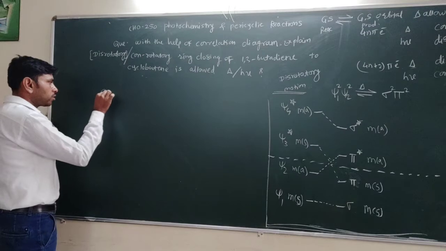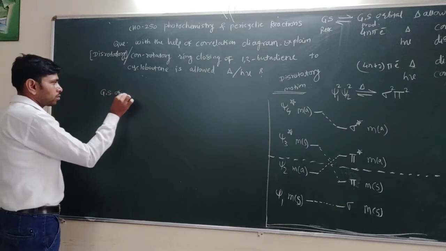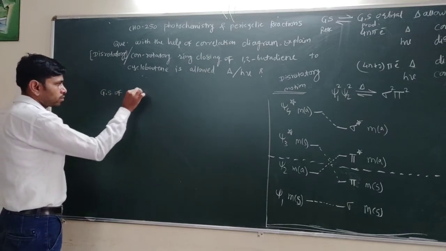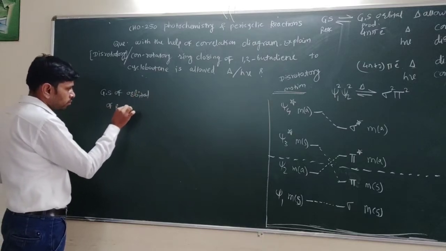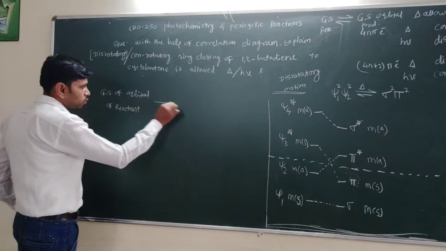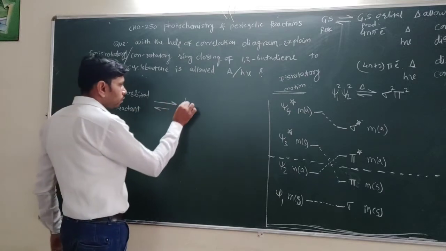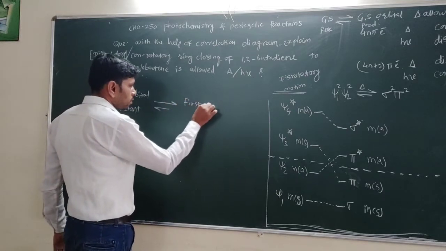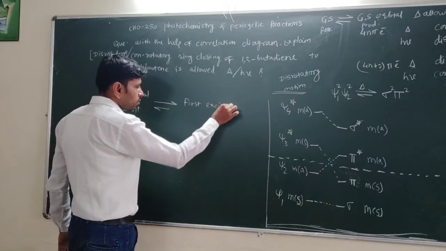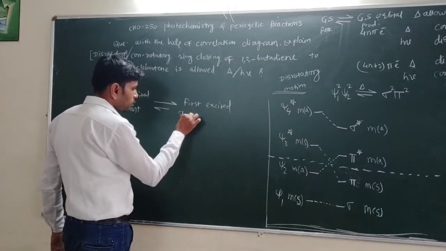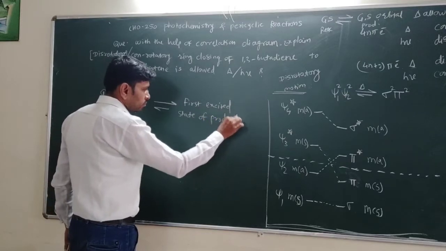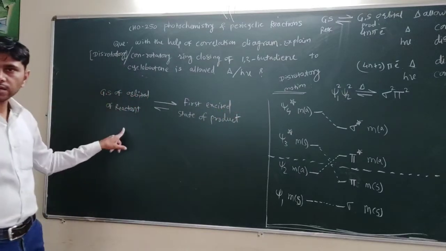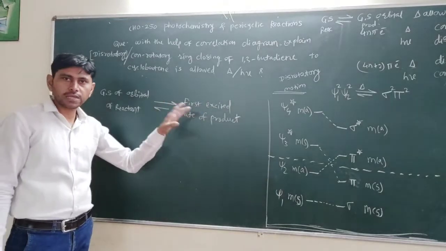Ground state orbital of reactant correlated with first excited state of product. Ground state orbital of reactant correlated with first excited state of product.